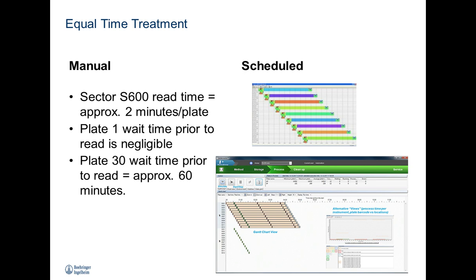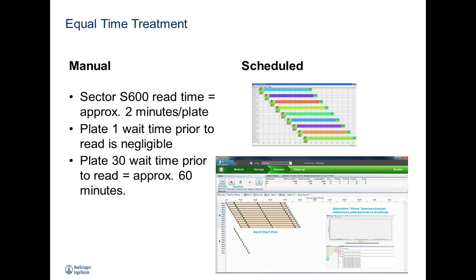Your scheduler, through a variety of methods, you are going to tell it, or it is going to determine exactly how long each step within your protocol takes. And that's liquid handling, plate movement, washing, everything is going to have an execution time associated with it. That scheduling software will then put all of those times together and interleave all of these processes, so each step can occur with the constraints that you have around it.